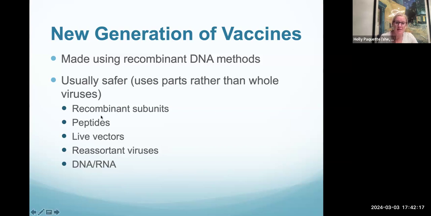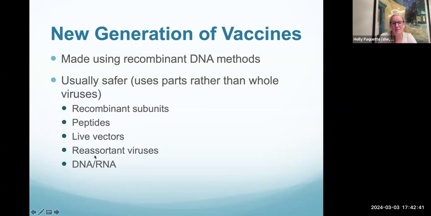We can use peptides, which is just another word for protein. So maybe spike proteins that we've removed from the virus, we can give that to somebody and that would elicit an immune response. Sometimes we use what are called live vectors or reassortment viruses, meaning that we use harmless viruses, but we put a gene in it that can make the protein for the virus that we want to protect you against.